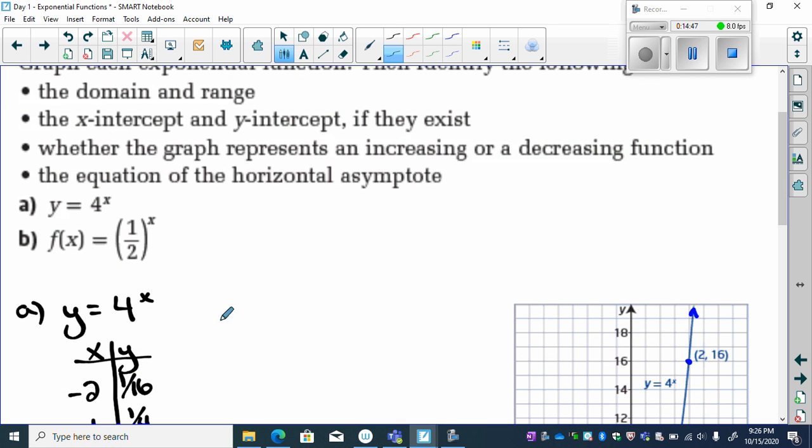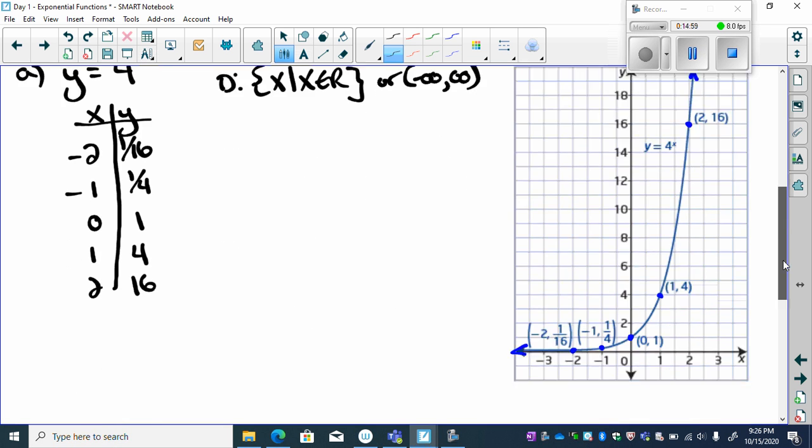The domain and range, so the domain will be x such that x belongs to the real numbers, or -infinity to positive infinity. Okay, there's an arrow pointing left, so it's going towards negative infinity. There's an arrow going up and to the right, so it's going towards positive infinity.